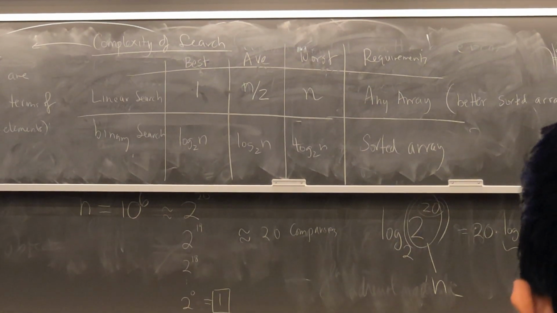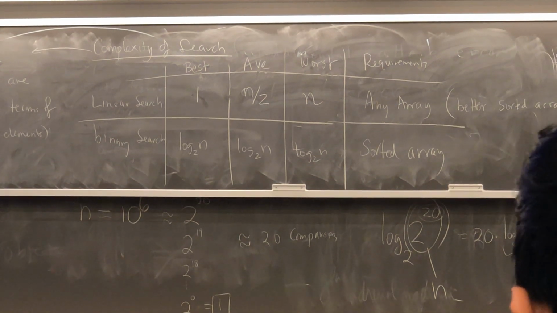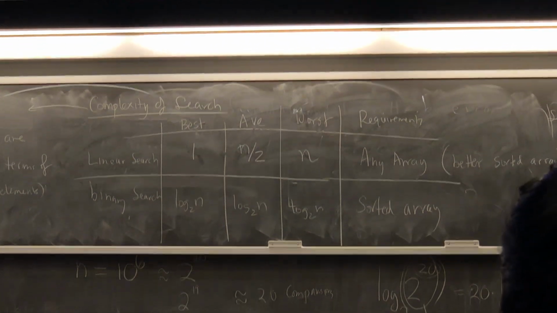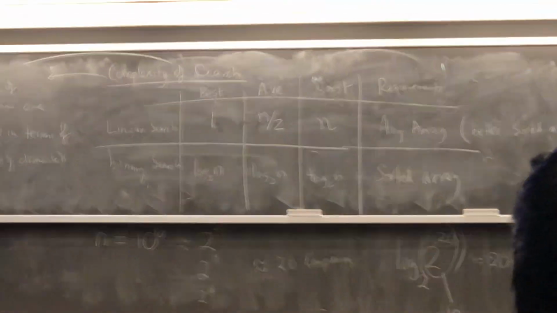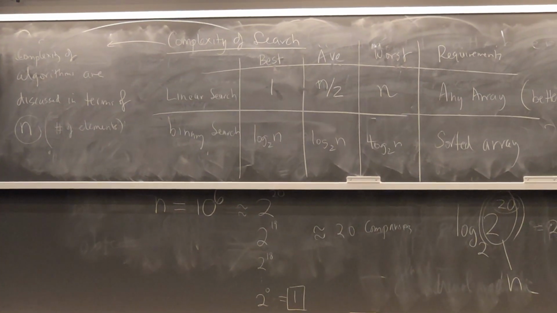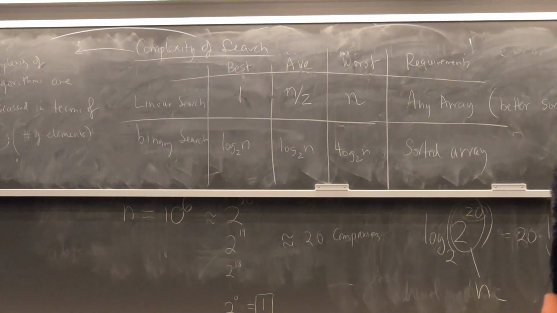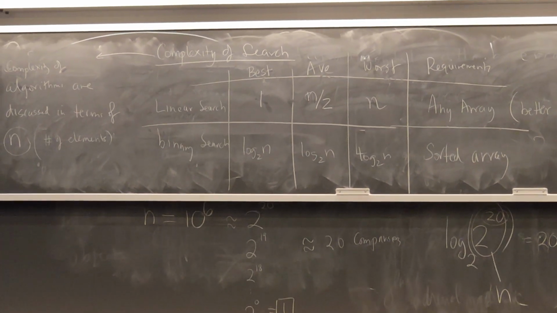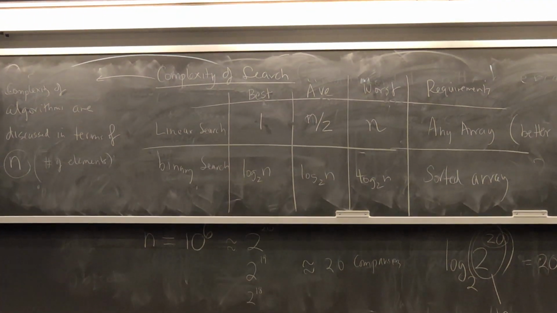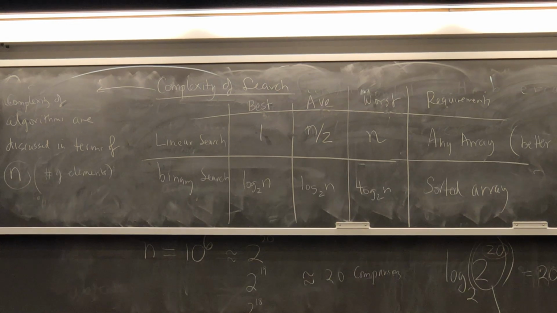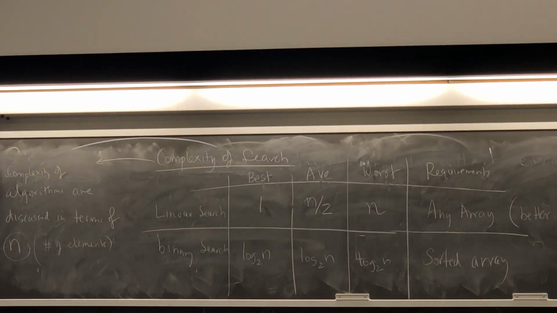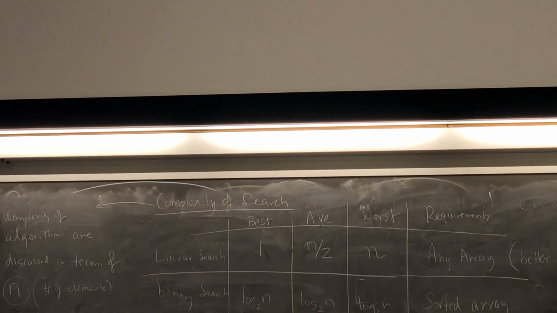If it's the middle, you can say, okay, maybe I'll find it faster, but I'm going to say they're all the same. You might disagree with me. You cannot say the average case is log base 2 of n, because I don't know what the array looks like. It's sorted, but it could be a very weird array. Because of that, I cannot say anything about the best case or average case. I can only say it's log n.